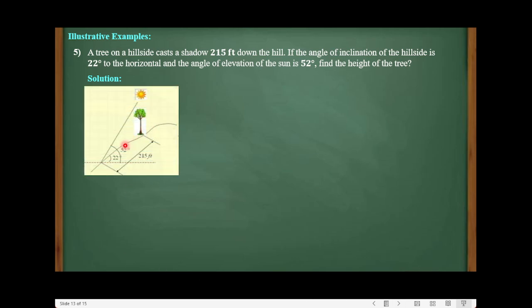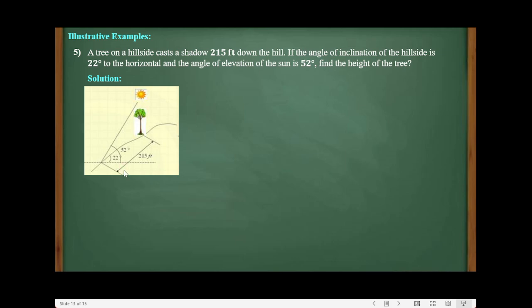Now, this is the hill. A tree is located here and it casts, so if this is the sun, the tree casts a shadow down the hill, whose length is 215 feet.